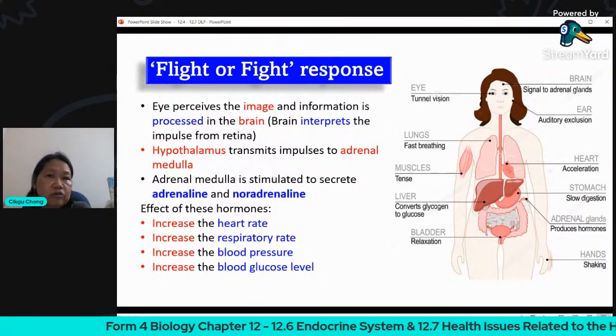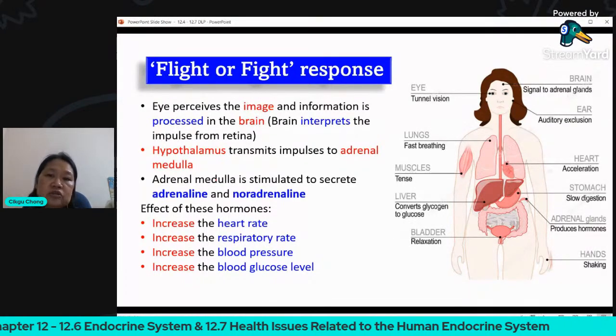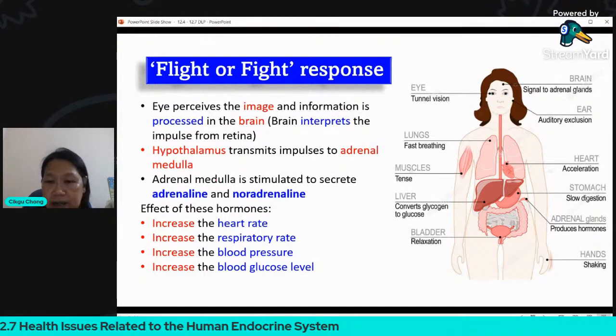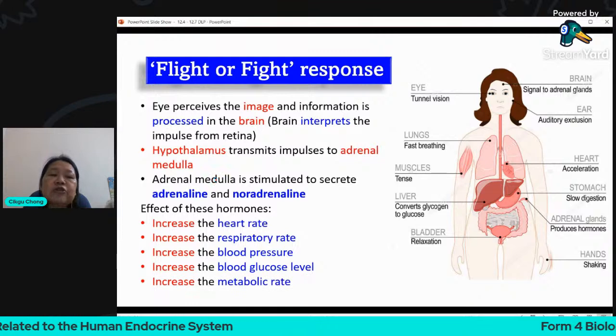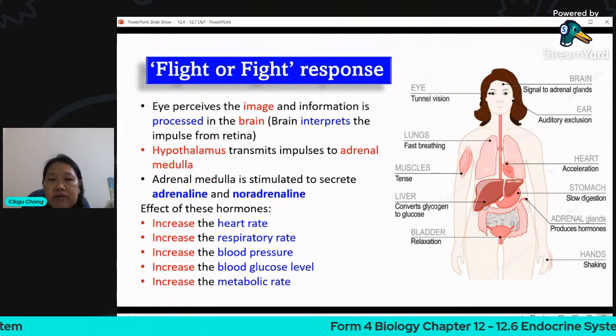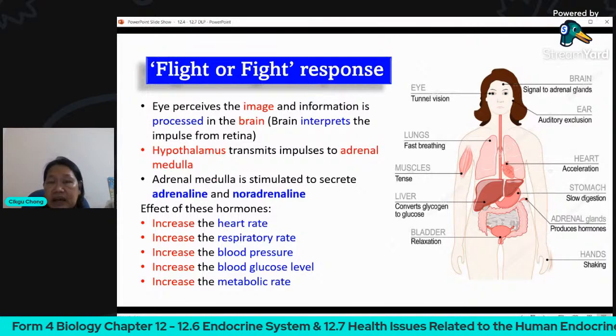Your glucose level will rise, because you need this extra sugar to be used as the fuel for your muscles to contract. And it also increases your metabolic rate. Your heat will be generated more, right? All the processes in your body, breaking down all these substances and so on, to generate energy.